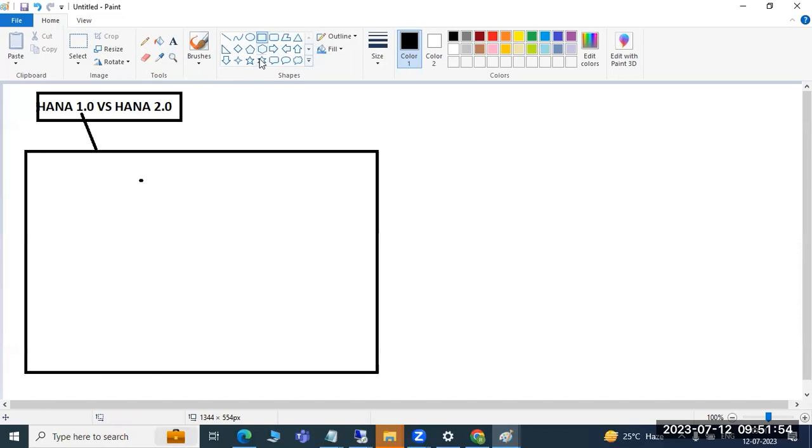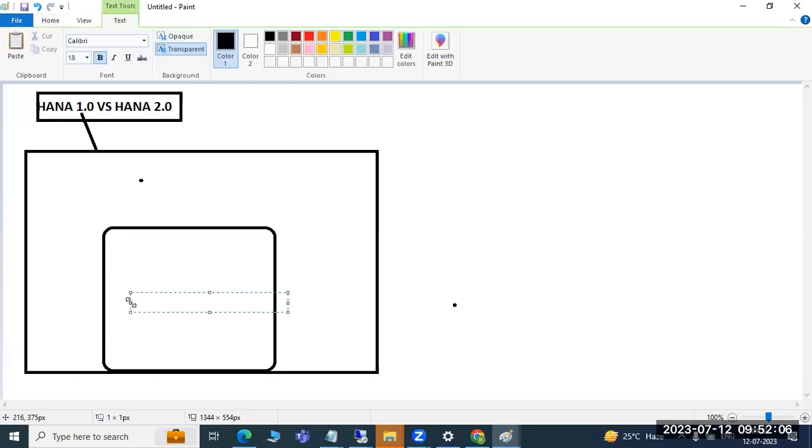When you install HANA 1.0, you will get a single container, a single database. If you install one database, only one database you will get. Will you expect 5 databases? No, right? So that is 1.0. You will get only one standalone database.